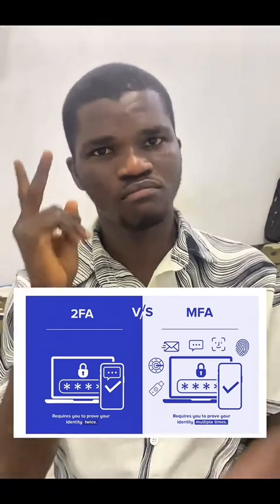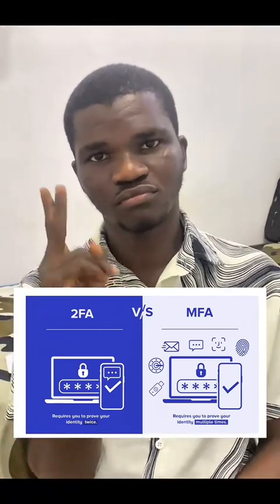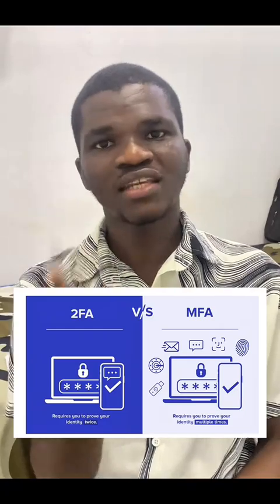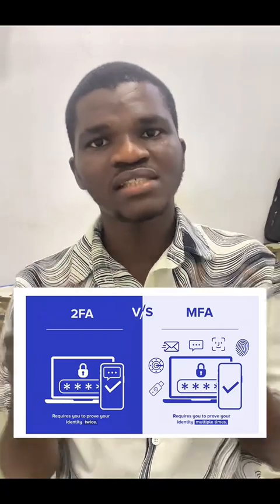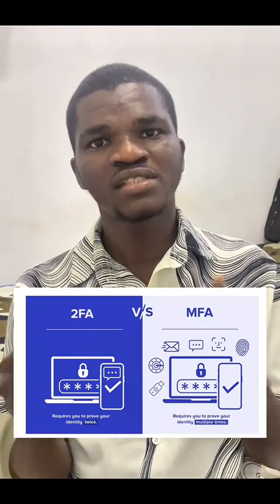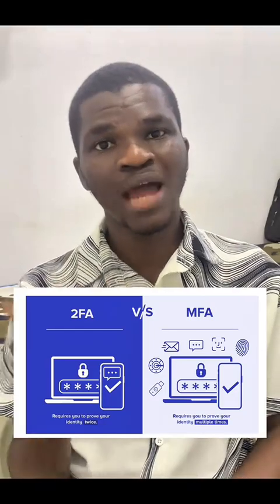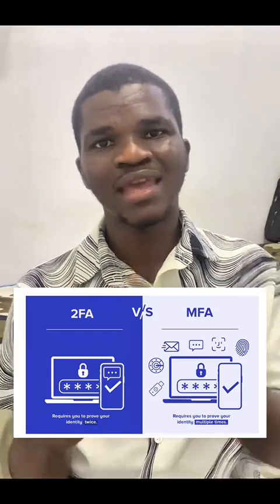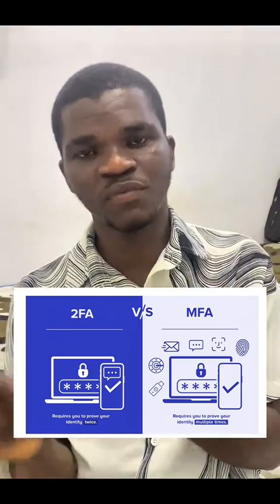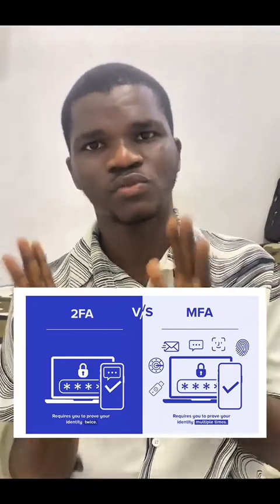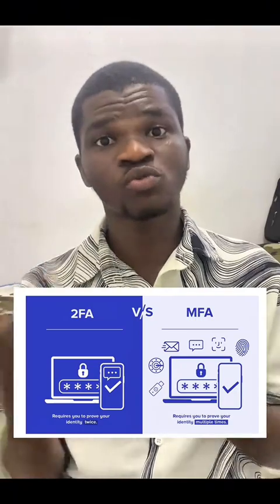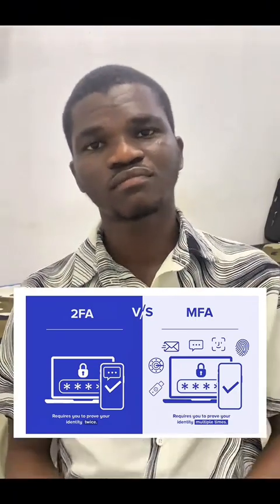You type in your password, making two. Then the third one: the ATM sends you a verification code, and before the money will come out, you need to enter that verification code on the ATM. So that is three. That is what we call multi-factor authentication.